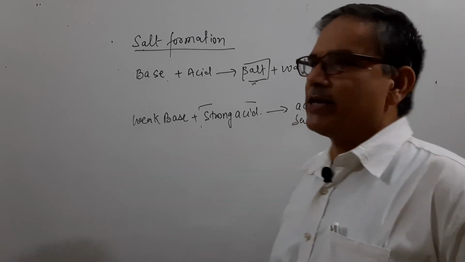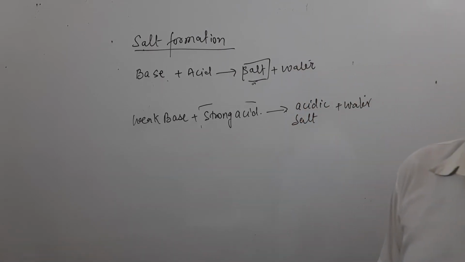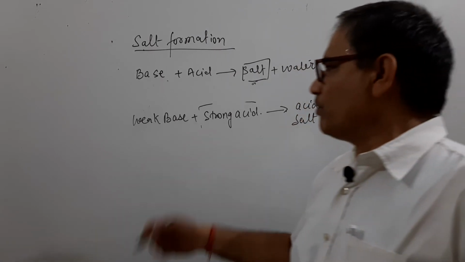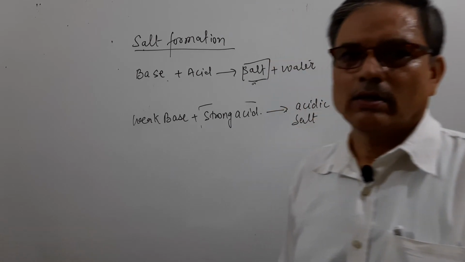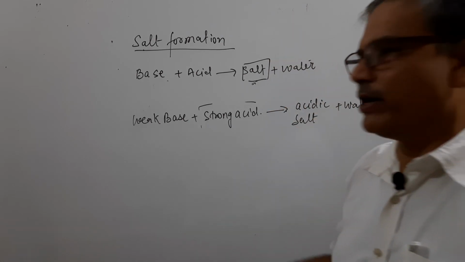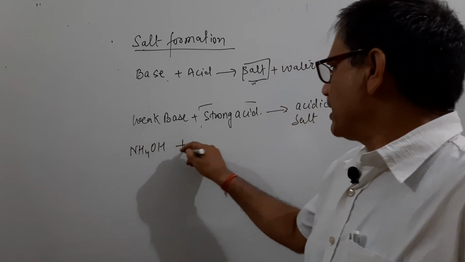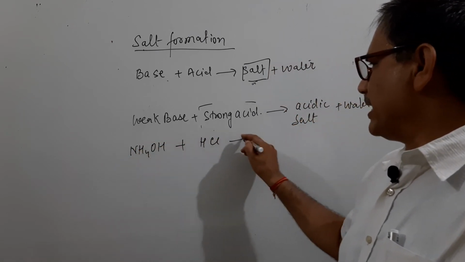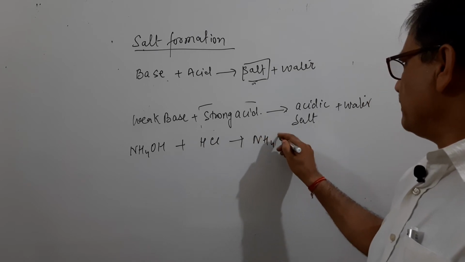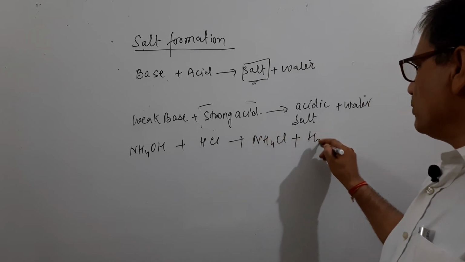What is a weak base? NH4OH. We can take NH4OH plus HCl, that gives NH4Cl plus H2O.